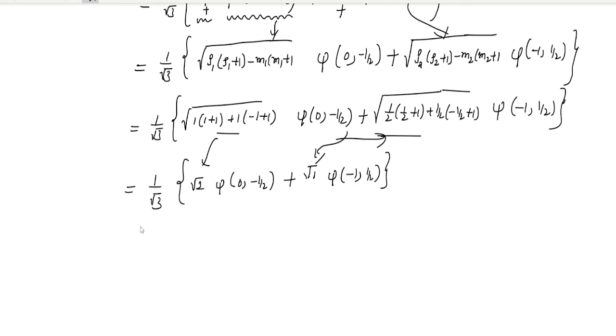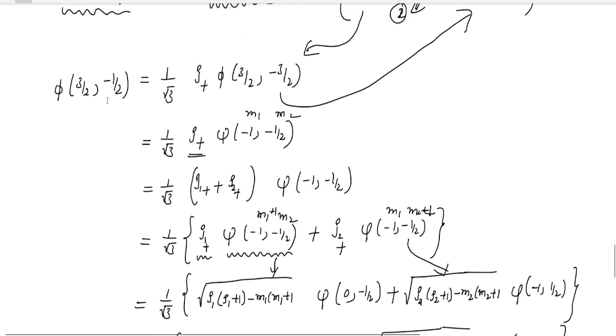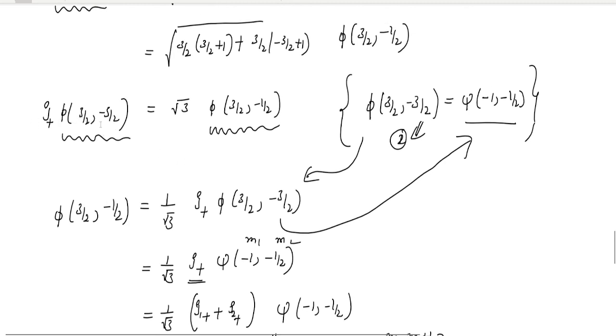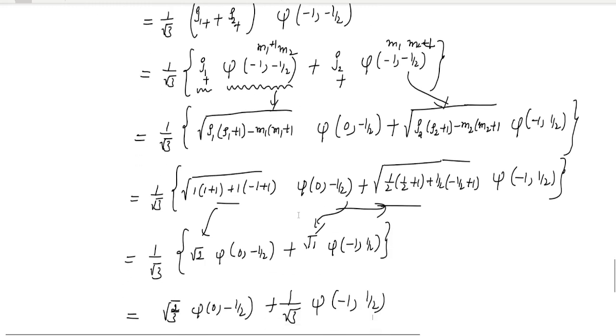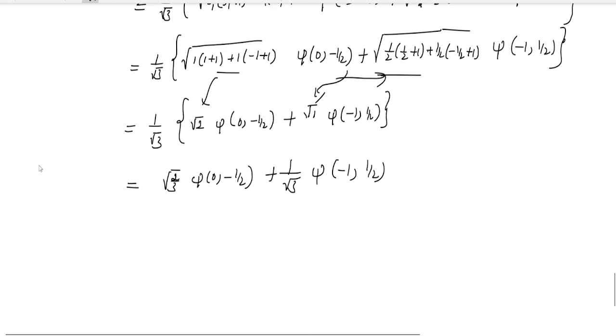So then root 2 divided by 3 wave function 0 1 divided by 2 plus 1 divided by root 3 wave function psi minus 1 1 divided by 2. So at this value we can take here j plus 1 divided by 3, right? Pi 3 divided by 2 comma minus 1 divided by 2 equal to, we got this one.